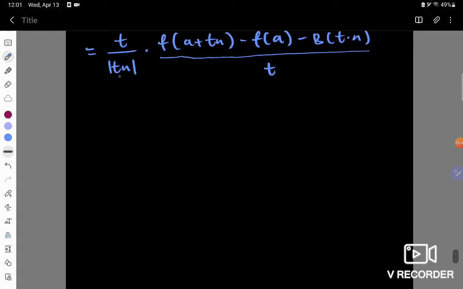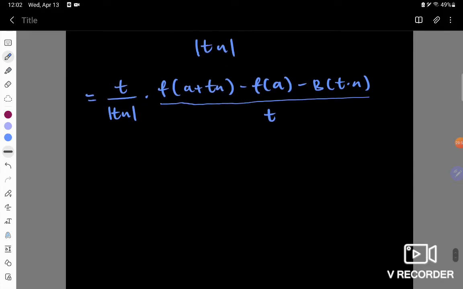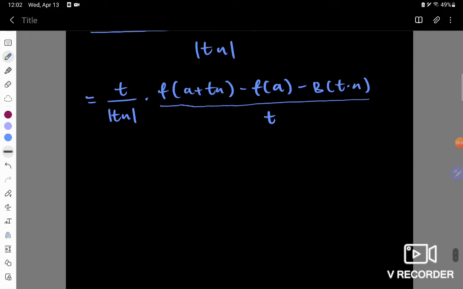Now we can split up our norm here. First of all, this linear transformation being linear, t can be pulled out, because you're not applying it to t times u, t is going to be a scalar with respect to this linear transformation.